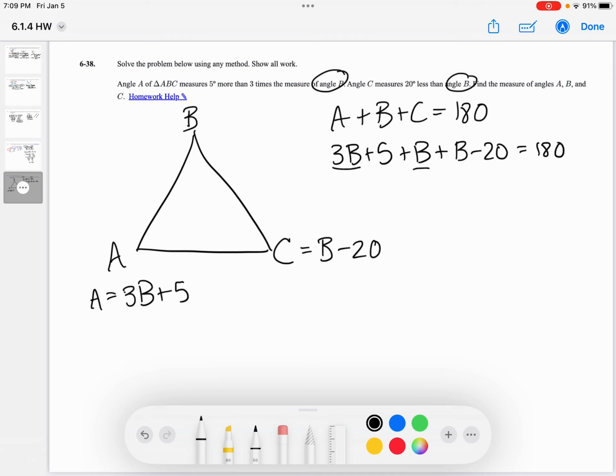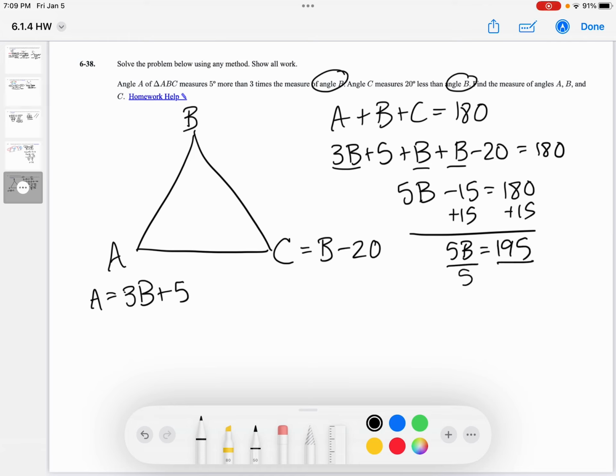I've got 3b and a b and a b, so that's 5b, and then I have 5 minus 20 is negative 15 equals 180. So I'll add 15. 5b equals 195. And then I'll undo the multiplying by dividing to get 39. 195 divided by 5 is 39.